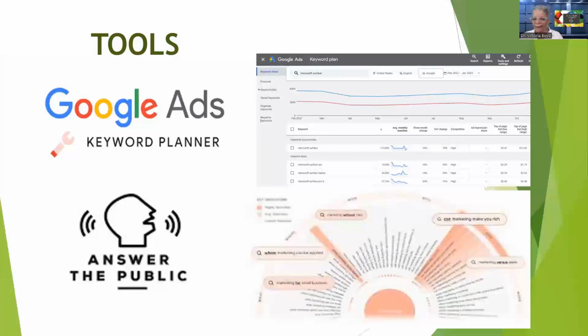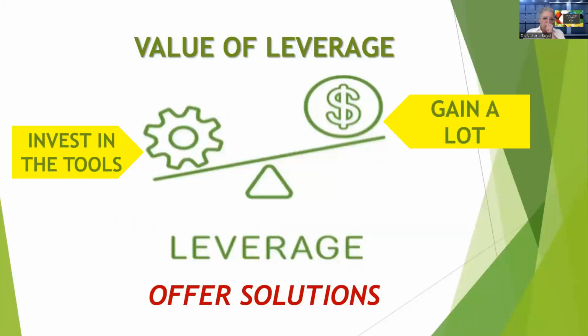Those that are highlighted in the dark pink are actually high level. That means many people are asking that question in that format. And it can really start you thinking about how to position your questions and your ads. So those are two great tools to find out what are people looking for within your different area. So then you want to value this and the leverage of what you're doing here.